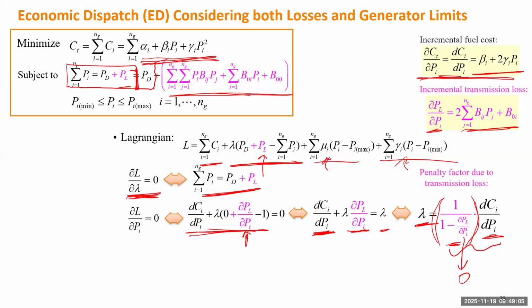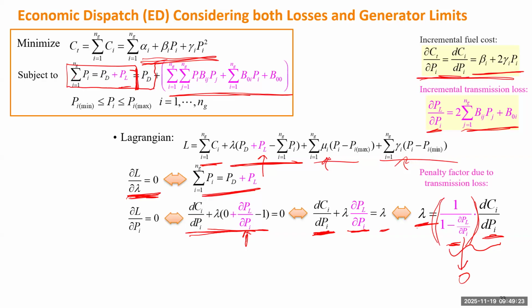It doesn't depend on the network. And if this is equal to lambda, it means all units have to operate at the same incremental cost, which is lambda. So all generators will operate at the same price.